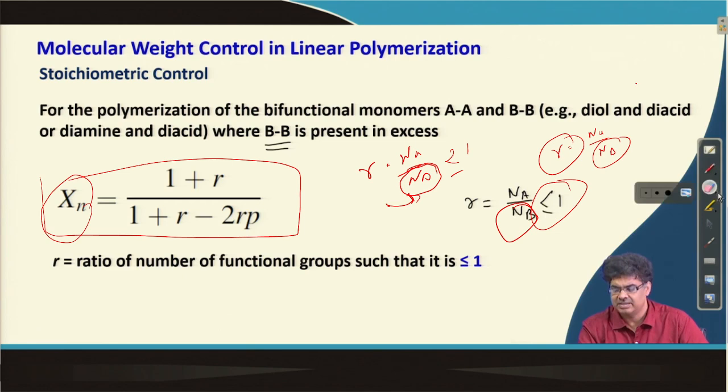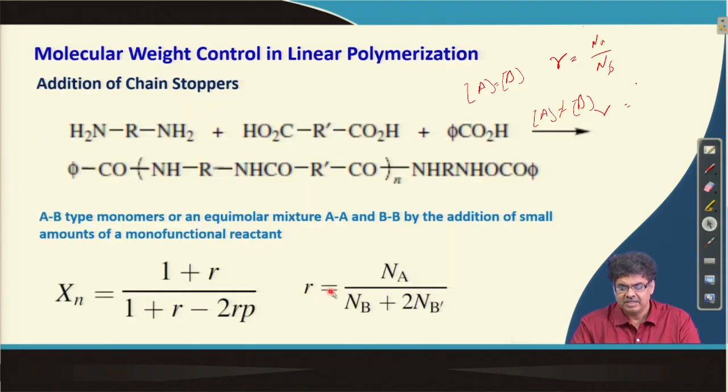The formula is this one: (1 + R) divided by (1 + R - 2Rp). The formula is the same, but here you need to find the R value, which should be less than 1. But if a monomer stopper is present, then you need to find R as Na divided by Nb plus 2Nb'. Like that, you can find the R value for different conditions.